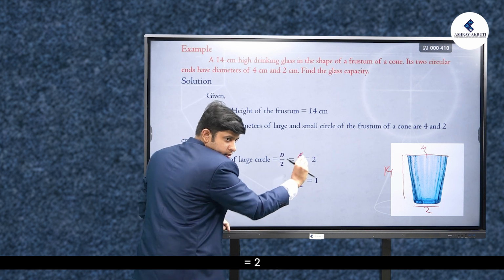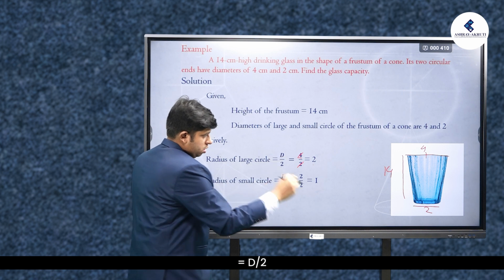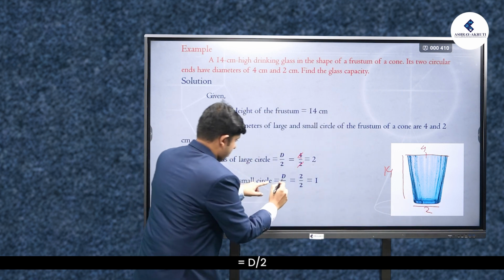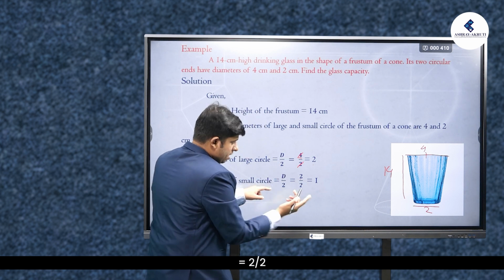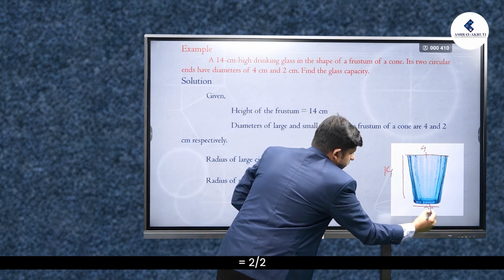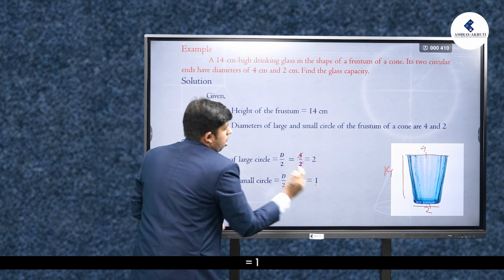That equal to 2. Radius of small circle is equal to d by 2, that is 2 by 2. Which is equal to 1.